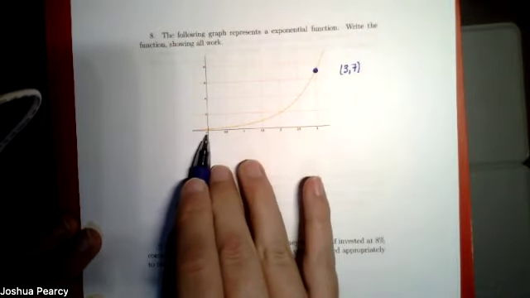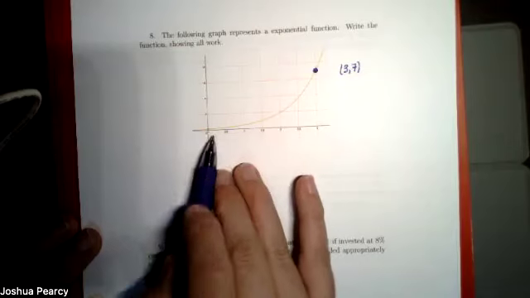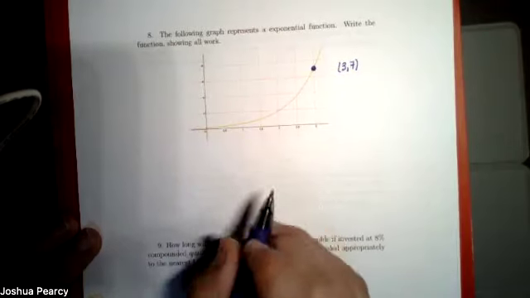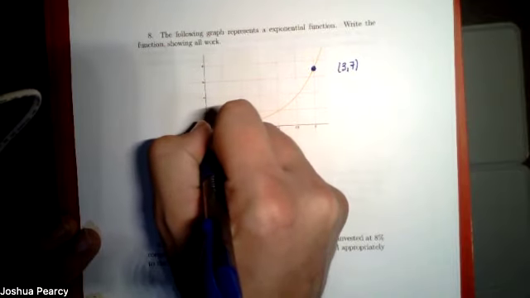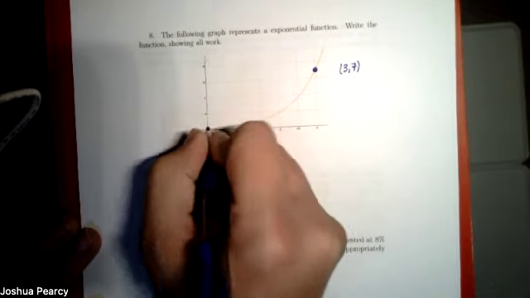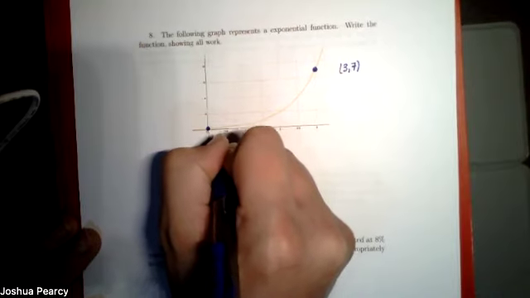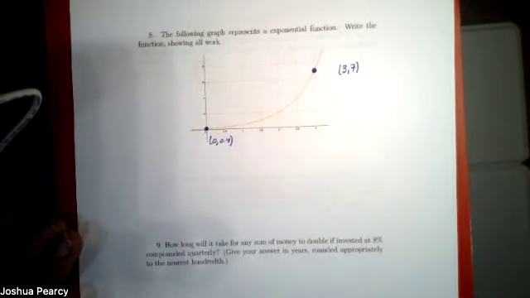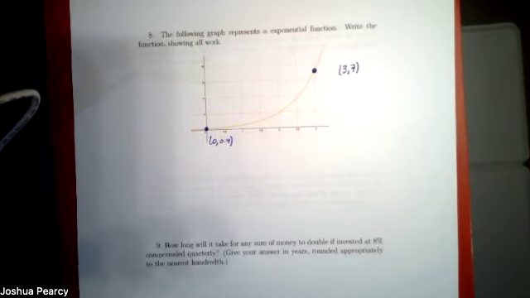And here we have the point 0, 0.4. So I have 2 points on this exponential curve, so I can create an equation of this by using these 2 points.